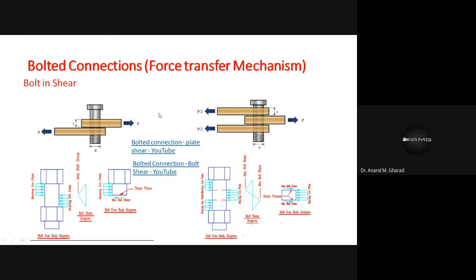There are two parts. Either the failure may be associated with the bolt or the failure may be associated with the plate. So let us see how the plate fails in shear, and similarly we will see how the bolts may fail and what must be the reason why the shear failure of the plate may take place.